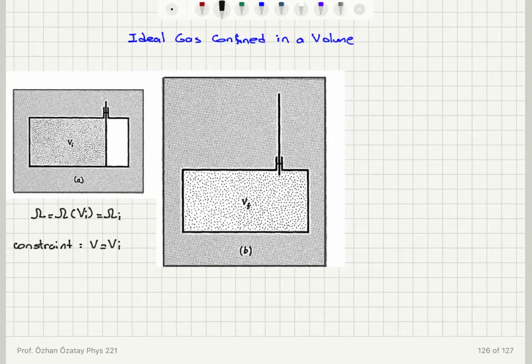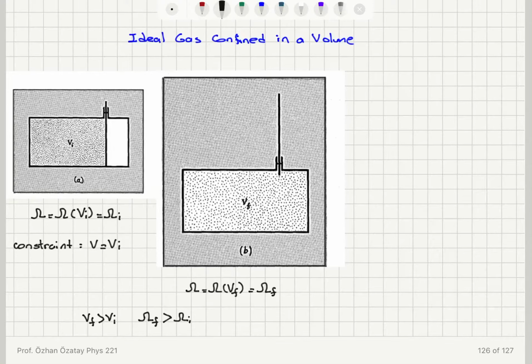If I remove this partition and let the gas expand to fill the full volume, final volume V final, then in this scenario omega is determined by the new constraint on the system, V final. It will be the final number of accessible states in this system. And I have V final greater than V initial, and omega final is going to be greater than omega initial.